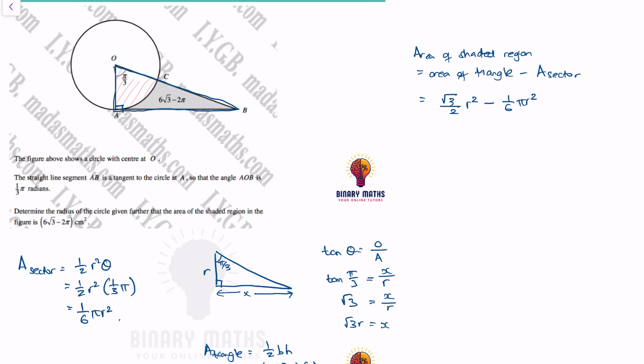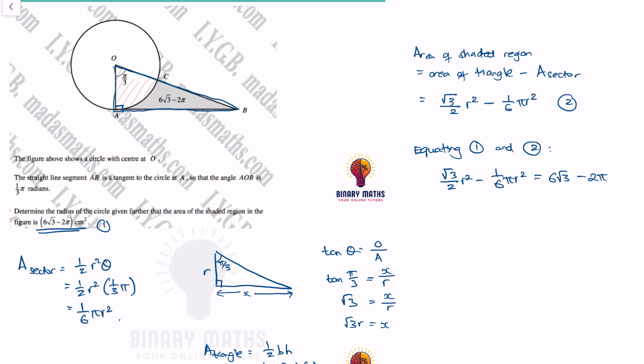And because this is equal to 6 root 3 minus 2 pi, I can equate them. So this is 1 and this is 2. So equating 1 and 2, I get root 3 over 2 r squared minus a sixth pi r squared must be equal to 6 root 3 minus 2 pi.